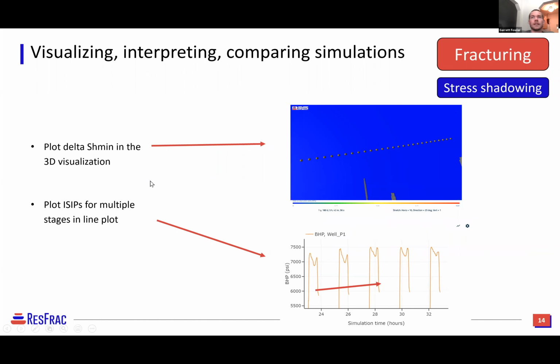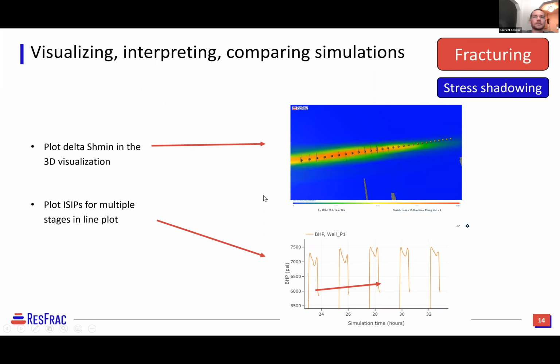Secondly, on stress shadowing and looking at if one simulation has more stress shadow than another, there are two things I would typically look at. One is we can plot stress shadow at any particular horizon in a model. We do have to define that horizon ahead of time. So I typically define at least one at the same elevation as my wellbore.